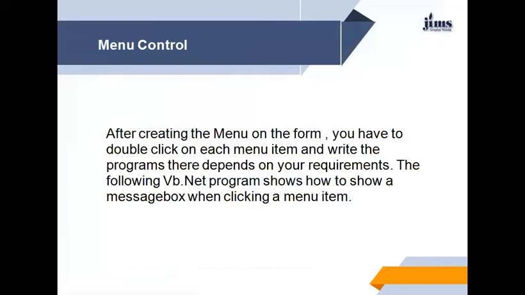After creating the menu on the form, you have to double-click on each menu item and write the program there, depending on your requirement. The following VB.NET program shows how to show a message box when clicking a menu item.